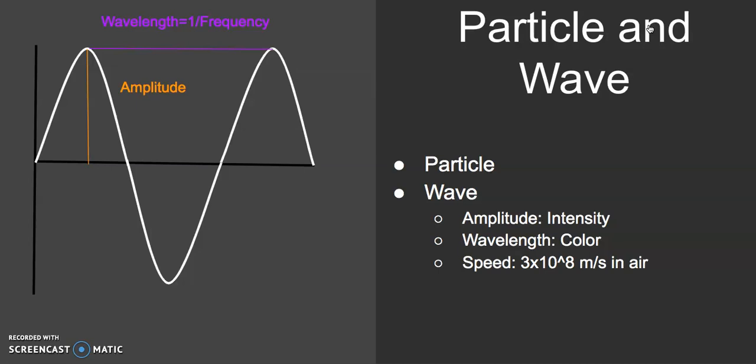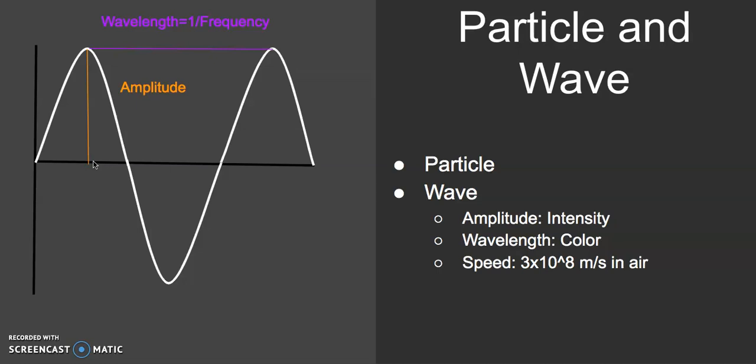So we have the amplitude, which is how far it is between the crest and the x-axis. And so this is, like in sound, related to intensity. And so we have brighter colors versus duller colors.